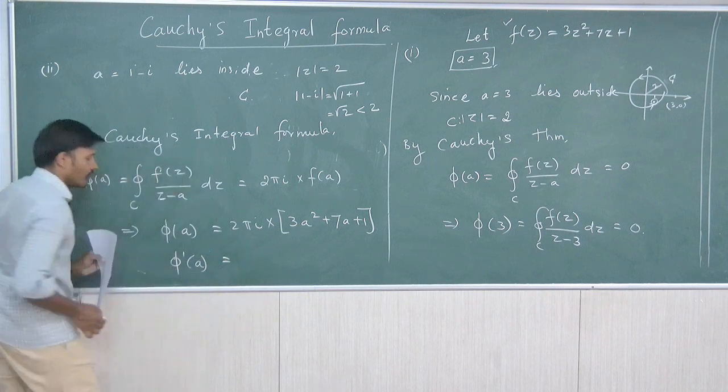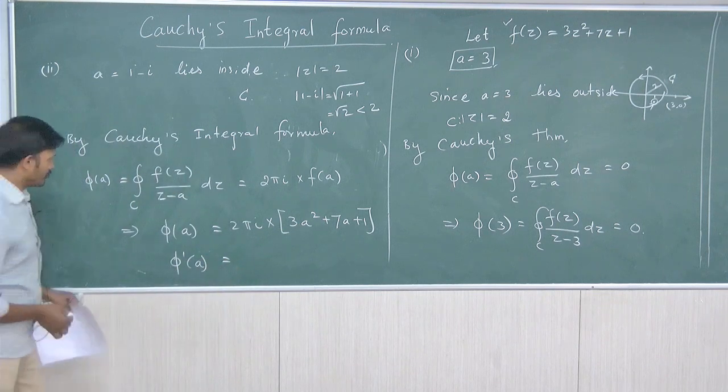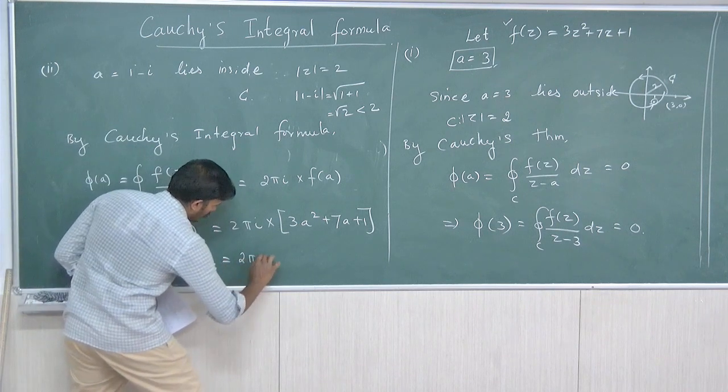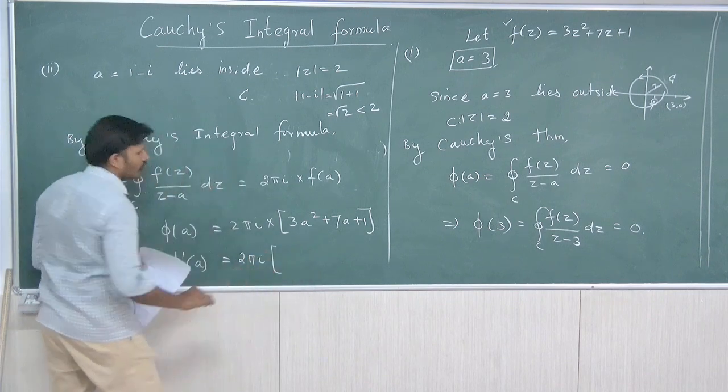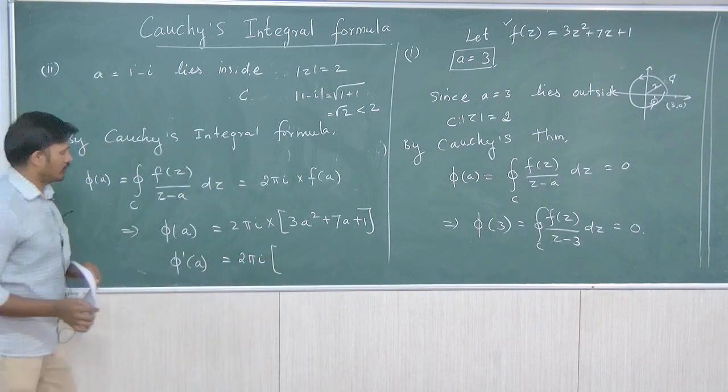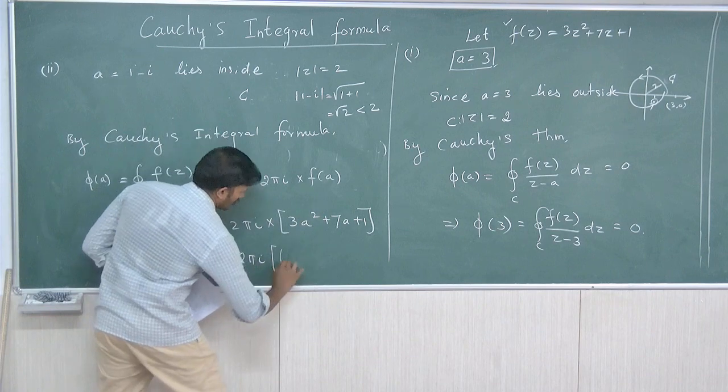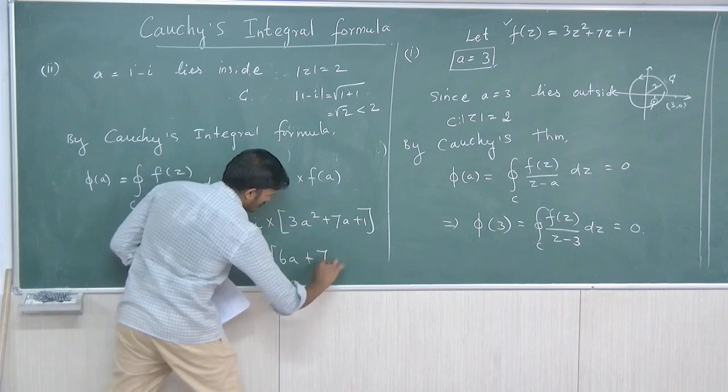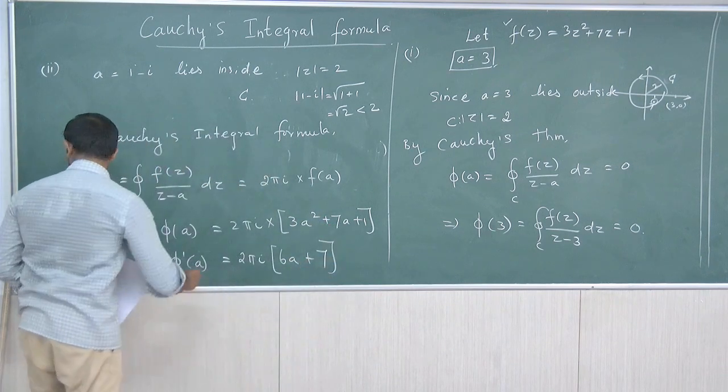So now with the help of this expression I am going to find phi dash of A. I am going to differentiate with respect to A. If you differentiate, you may get 6A plus 7. Again, try to substitute.